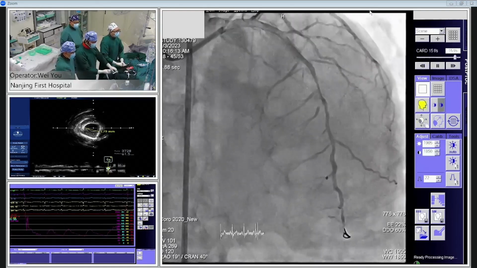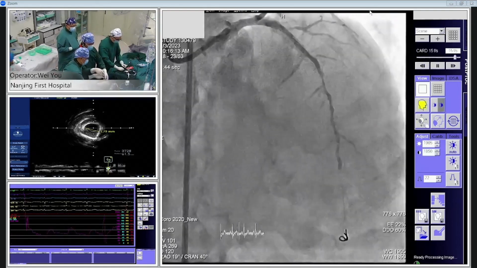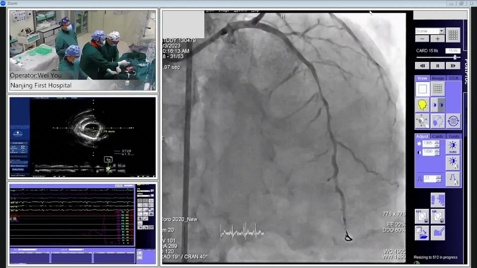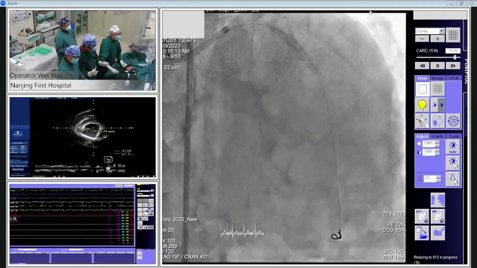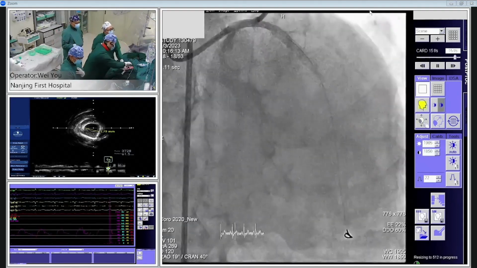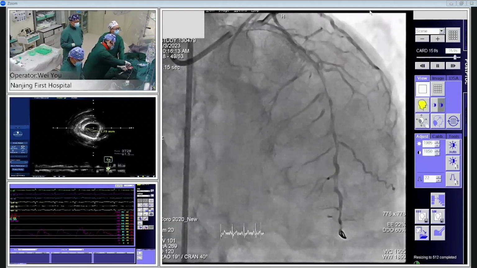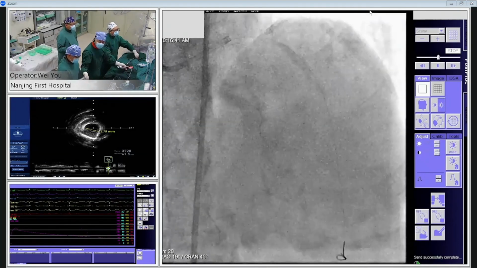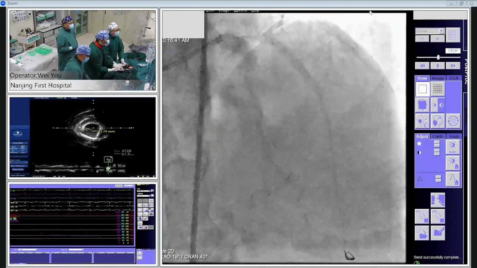If the BP is okay, we can give some nitro. But the first and second diagonals are still there. Maybe some spasm of the vessels. All the vessels seem spasm. Okay, give me some nitro, please.